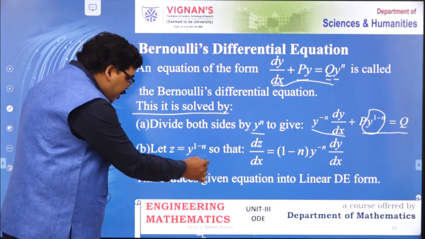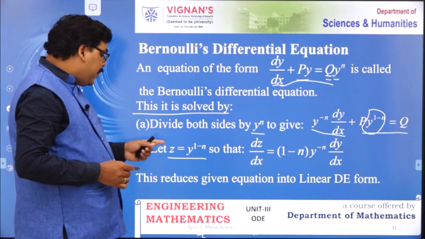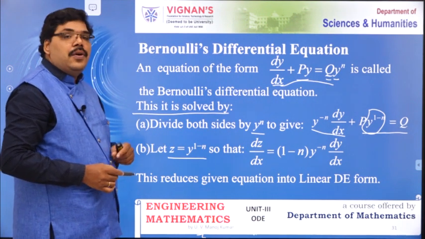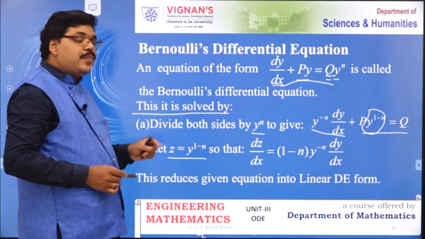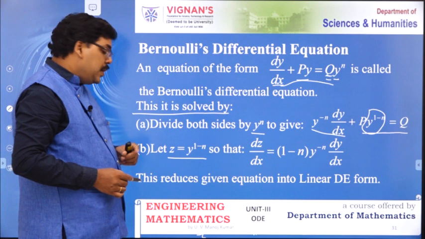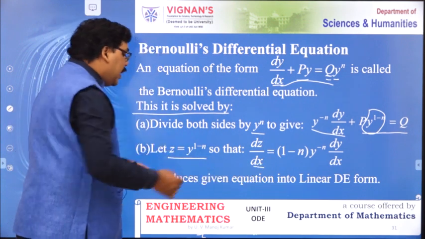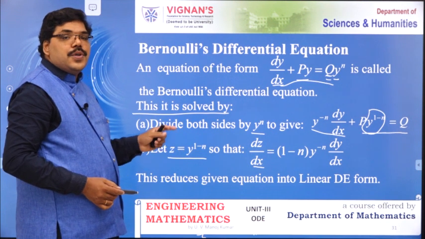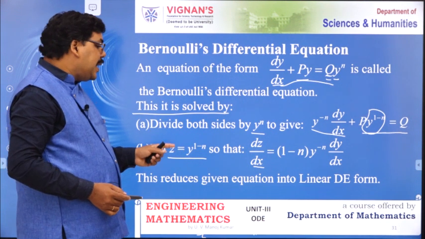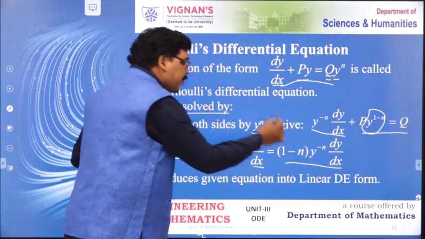So, substitute z equals y power 1 minus n. Whenever you are substituting a relation, we differentiate that relation on both sides. So, differentiate this relation on both sides with respect to x. The derivative of z with respect to x, dz by dx, is the derivative of y power 1 minus n with respect to x. So, what is the derivative? 1 minus n into y power minus n into dy by dx.